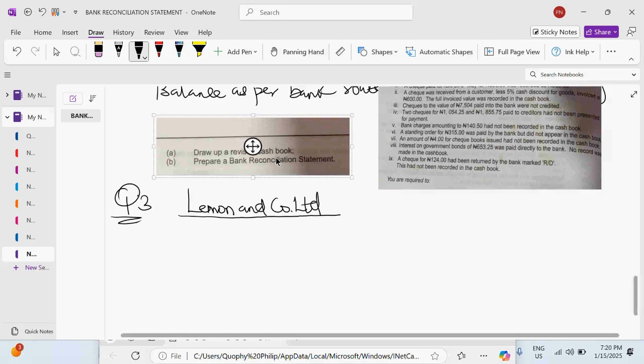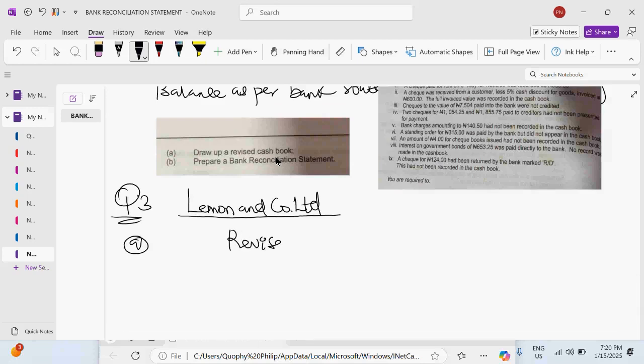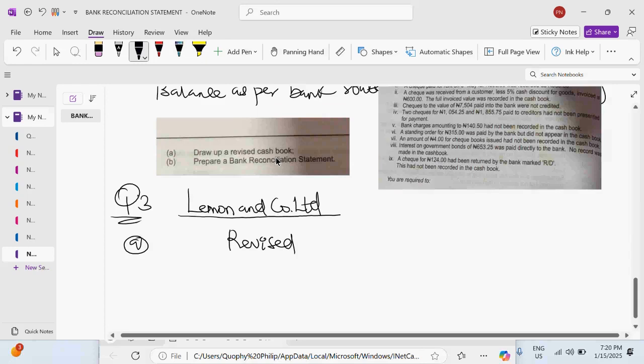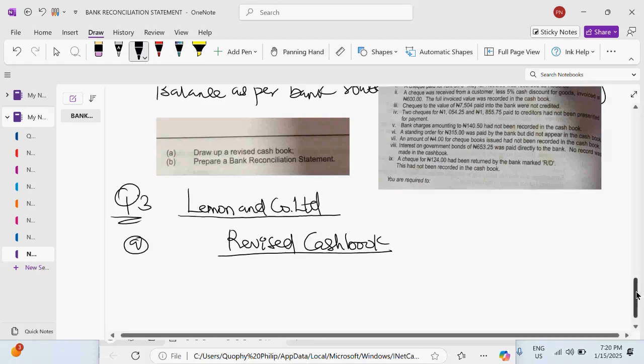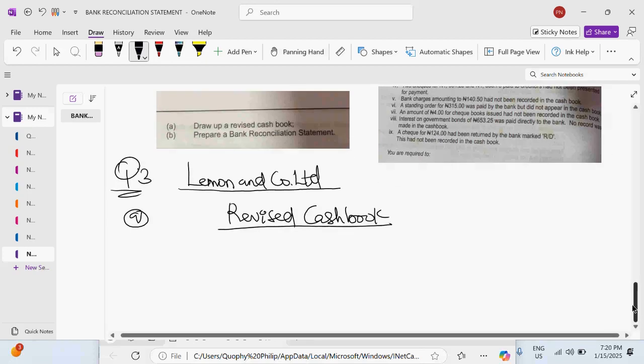Right. So I start by preparing my revised cash book. Now, we know cash book is an asset and it has a debit balance.